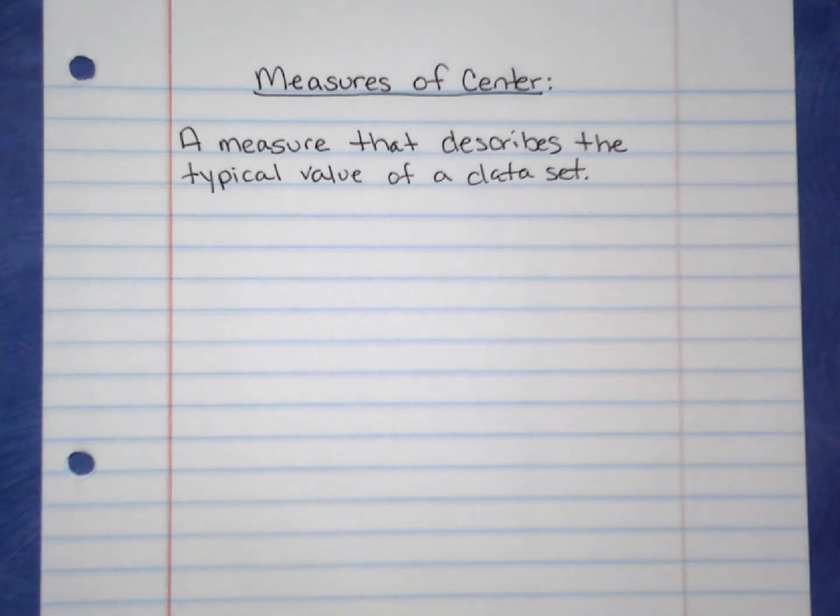Okay, so we're talking about statistics, we're talking about data, and we're going to learn to dig deeper into the data and have data tell us some information. So the first way we're going to talk about that today is mean.